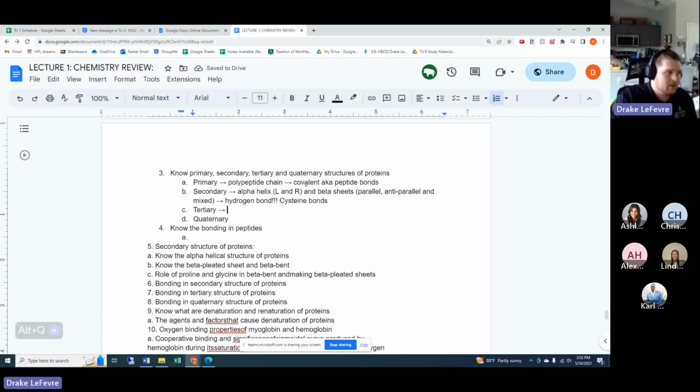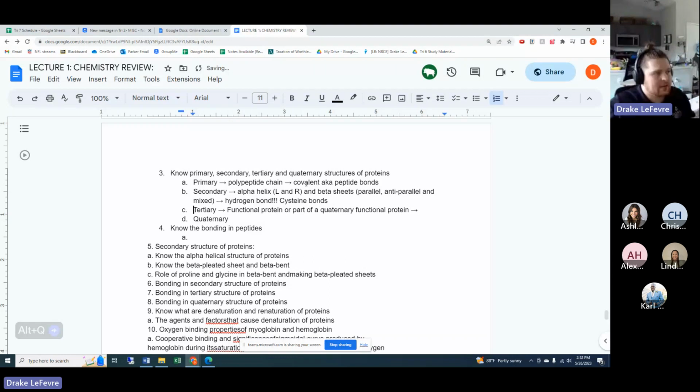Tertiary structure. What is our tertiary structure? A couple secondary structures together. Yep, it can be secondary structures together. This right here can be a functional protein or part of a quaternary protein.